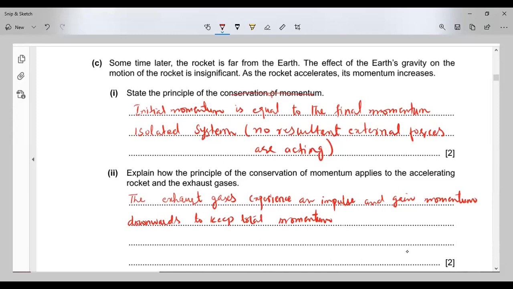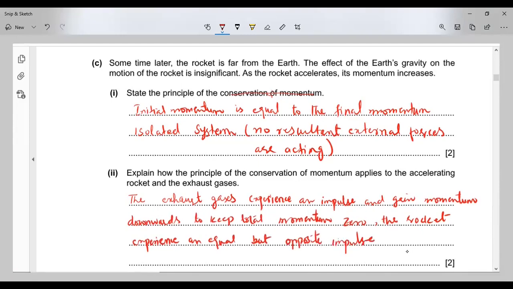To keep total momentum 0, the rocket experiences an equal but opposite impulse and gains momentum upwards.